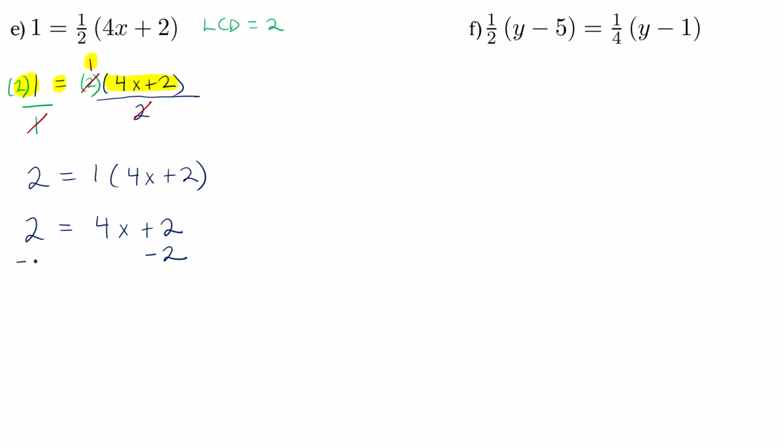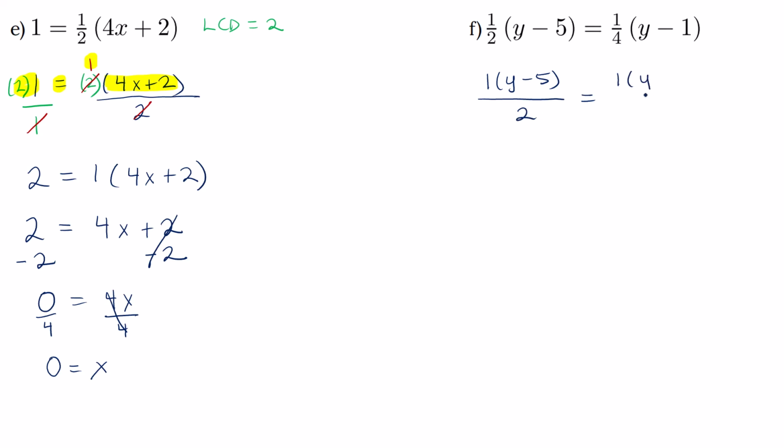So now we can just go ahead and solve for x. 2 take away 2 is 0. 2 minus 2 kind of goes away from that side. And to get x by itself, we'll divide by 4. So 0 divided by 4 is 0. So x is 0.